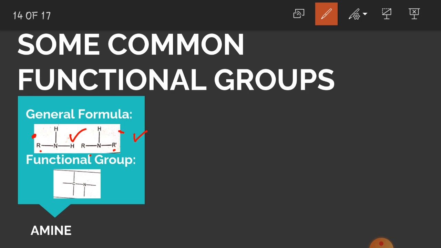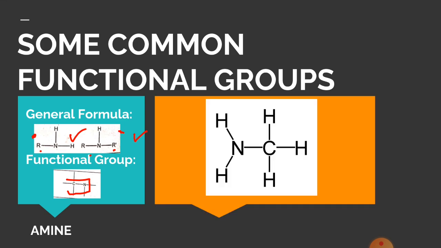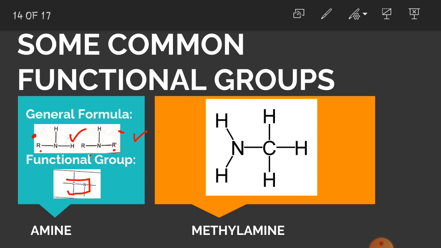The functional group for the amine includes the bond, that is C single bond N. All the organic compounds having the bond C single bond N would be considered as amines. An example of amine is methylamine. In methylamine you may easily identify the presence of C single bond N, and the presence of this bond shows that this organic compound belongs to the family of amines.